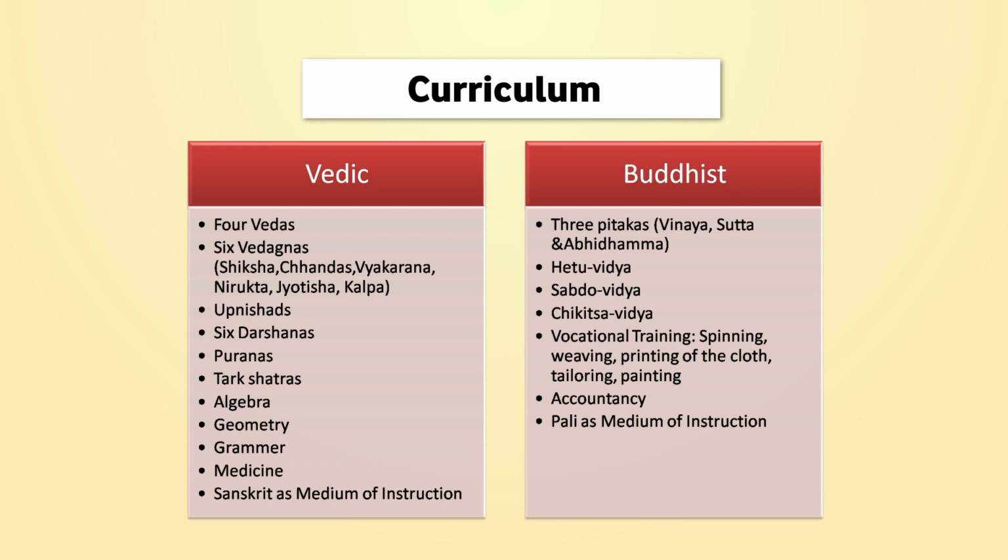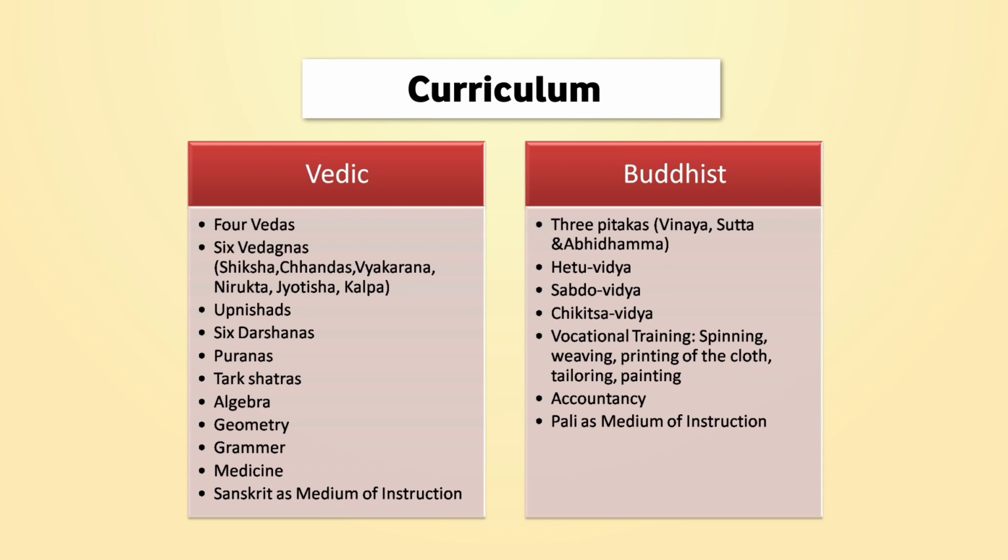And the medium of instruction during the Vedic period was Sanskrit, whereas in Buddhist, the focus was on Tripitakas, Vinaya, Sutta and Abhidhamma. Then it also gave importance to logical reasoning, grammar, medicine, along with vocational training and accountancy. These were given importance during the Buddhist period.